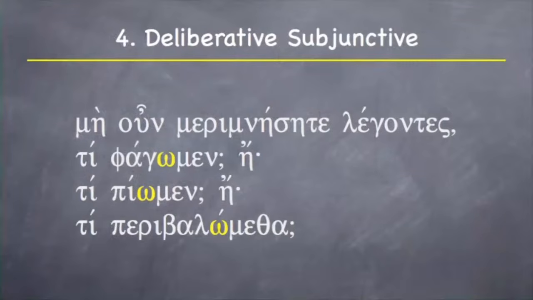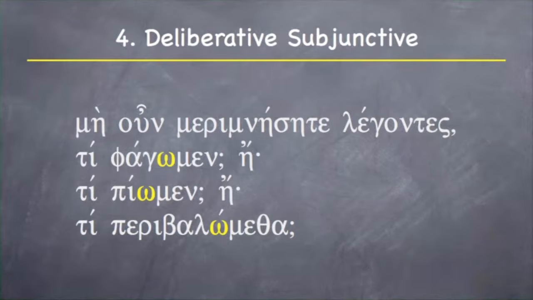All right. The fourth use of the subjunctive is called the deliberative subjunctive. And this is the use of the subjunctive in questions. And there are specific kinds of questions. The deliberative subjunctive is used when the question is not answered with a simple yes or no. Deliberative subjunctives are used when the speaker wants the listener to mull over, to deliberate about the answer before answering, all right? This is one of my favorites from one of my favorite passages in the Bible, in the Sermon on the Mount.